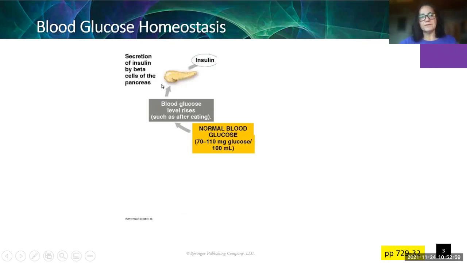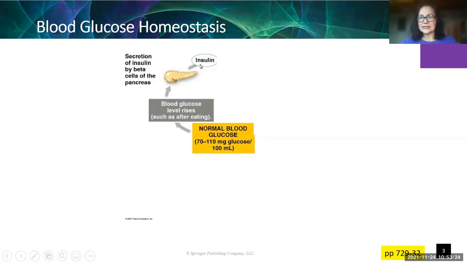That is a trigger to some of the cells of the pancreas. And you'll remember the pancreas is like the shopping mall of glands. It has a variety of different kinds of glandular cells in it. There are some special cells in the pancreas called the beta cells. Those are the ones that produce insulin and then release insulin when the blood glucose levels start to come up.